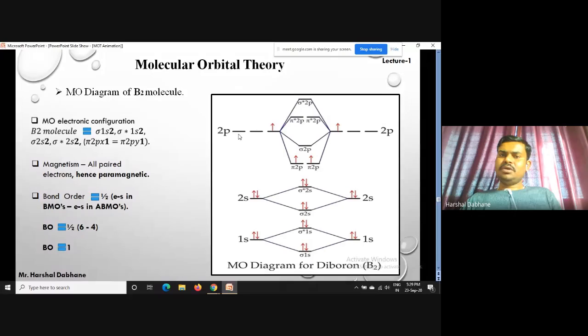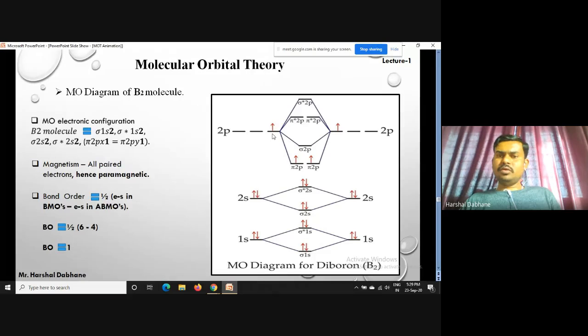Why? Because they are all degenerate, meaning they have the same energy. So when we say this electron is present in 2px, it may be present in 2py or in 2pz, because the energy of these three orbitals is the same.